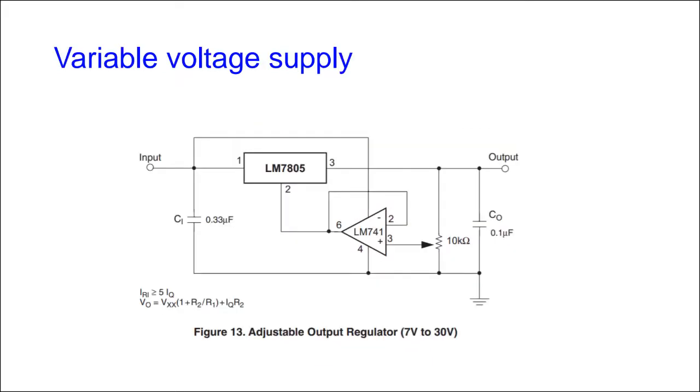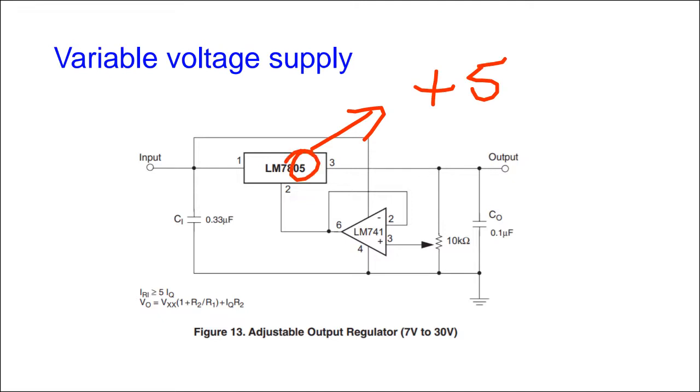And then, if you want, this now allows us to make a variable volt supply. The variable volt supply is taking an input and using a 7805, that will be a plus 5 volt regulator.